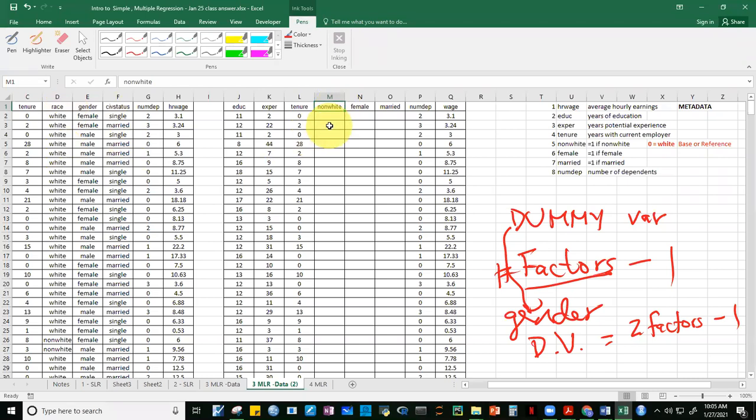Ilang dummy variables? Isa. Isang dummy variable. And sabi natin, ang gagawin nating base or reference factor, si white. Therefore, si non-white ang ilalagay natin. Si non-white yung 1, si white yung 0. Dito, si female yung 1, si male yung 0, si married 1, single 0.